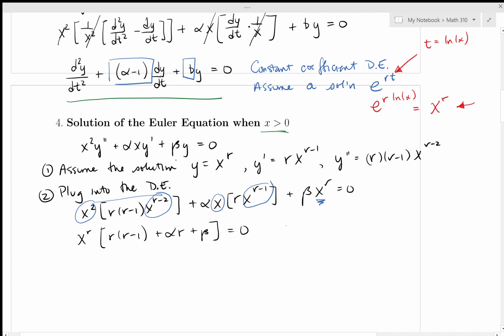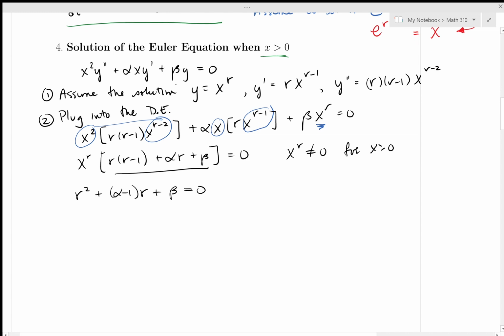Same logic that we used before. x to the r is not equal to 0 for x greater than 0. So therefore, this thing here, this polynomial in r, must be 0. So we have here r squared plus alpha minus 1 times r plus beta equals 0.